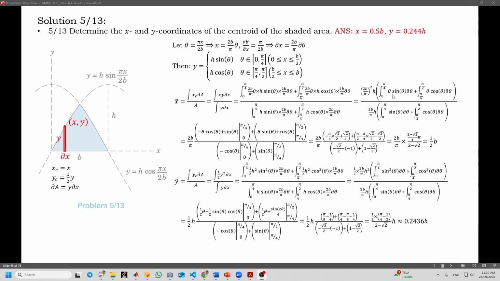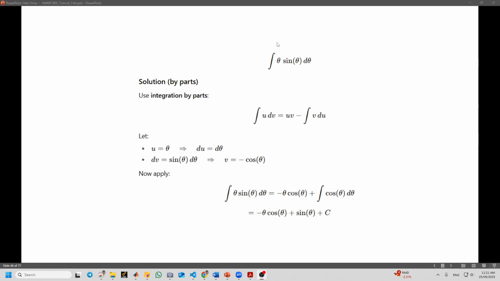So what is the integration of theta sine theta? This is the answer. And for also theta cosine theta, the answer is this. You need to be very good at math to find it out. So let me show you how to do that. Integration of theta sine theta, when we use the integration by part, will be integration of u dv is equal to uv minus integration of v du.